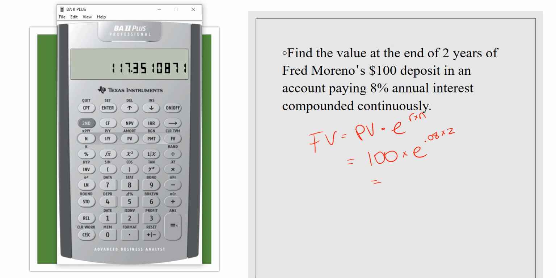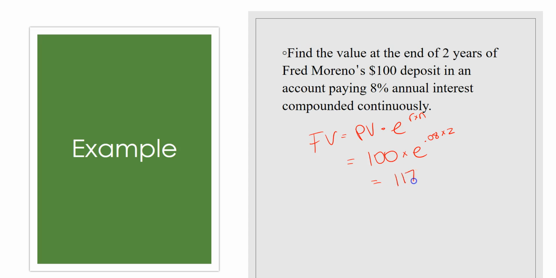So if you compound it continuously, then your $100 at the end of 2 years would be worth $117.35. Remember, with quarterly compounding, it would be worth $117.17. So the smaller the time period, the greater the compounding frequency, the greater the effective interest rate.